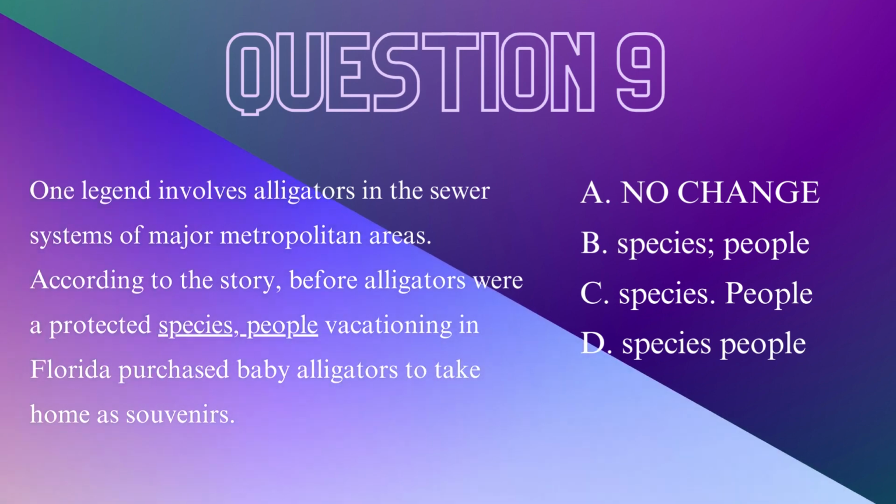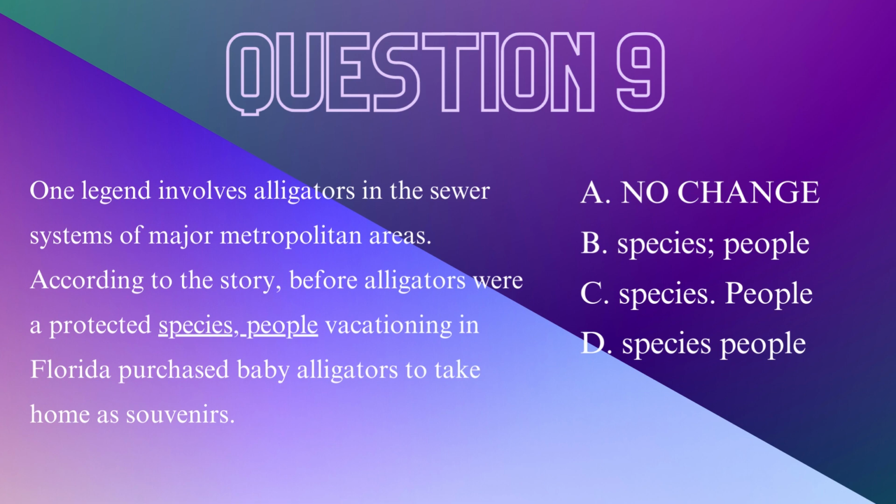Question 9 is all about punctuation. Do we need a comma, semicolon, period, or nothing between the words species and people? To determine this, we need to look at the entire sentence. According to the story, before alligators were a protected species, people vacationing in Florida purchased baby alligators to take home as souvenirs. Let's consider choice C. While placing a period and starting the sentence with people vacationing in Florida purchased baby alligators to take home as souvenirs would work, that is a complete sentence.